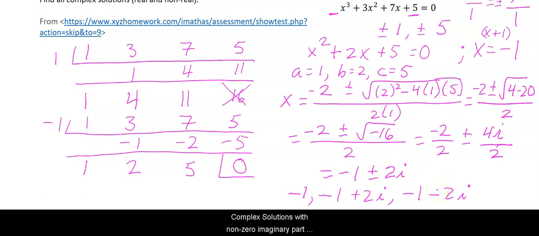Complex solutions with non-zero imaginary parts always come in conjugate pairs. The degree of the polynomial also tells you exactly how many complex solutions there are. Complex includes real numbers with zero imaginary parts and complex numbers with non-zero imaginary parts.